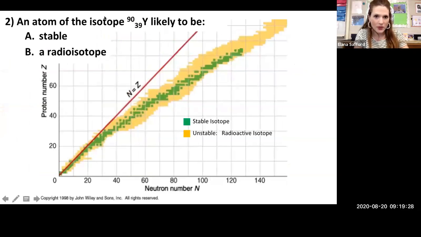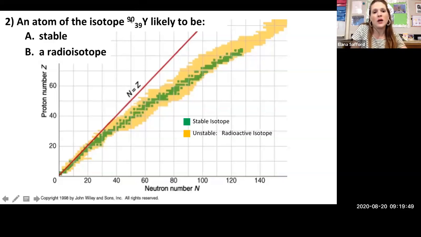Okay, how about if we have it in isotopic notation? No problem. An isotope of yttrium-90, 90 over 39 yttrium, is likely to be stable or a radioisotope.